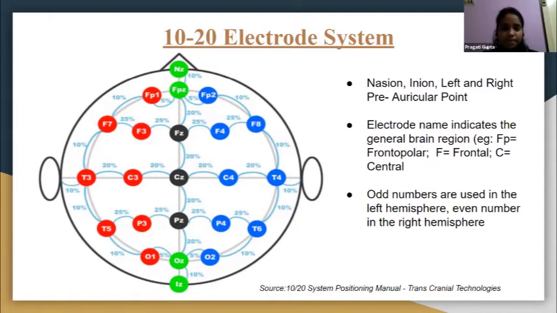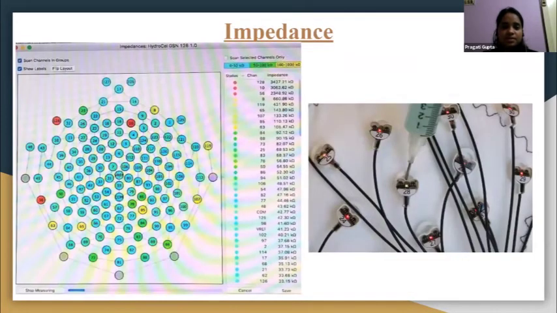Then we have the impedance. Impedance is basically how good the signal is when we start the recording. Before starting the recording, we need to check the impedance, which means how good the contact is between the scalp and the electrode. On the left, we are seeing an impedance chart of a 128 electrode EGI system, where we need to keep a range showing good contact with the scalp.